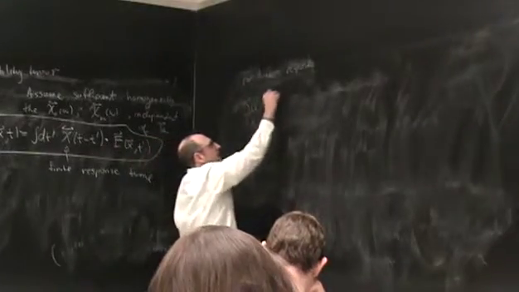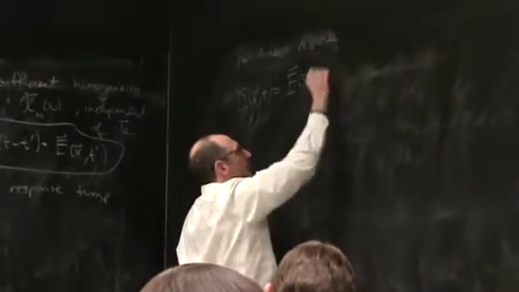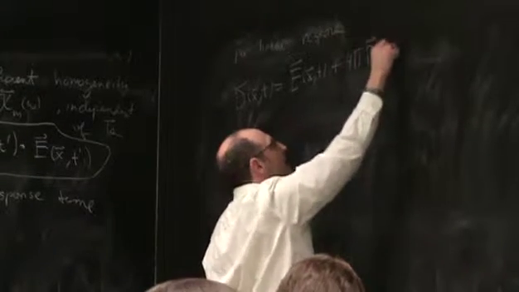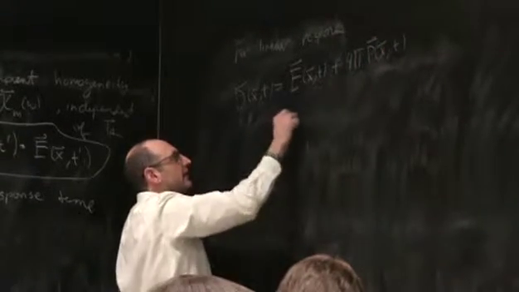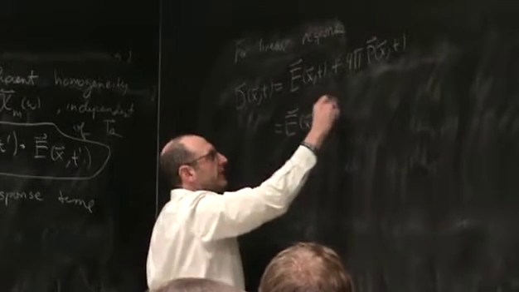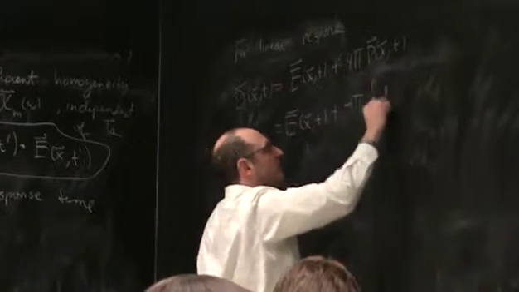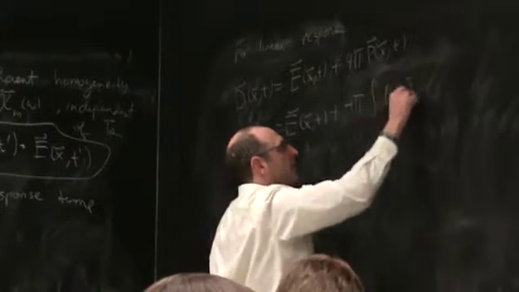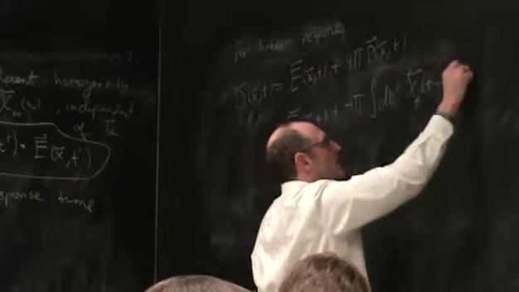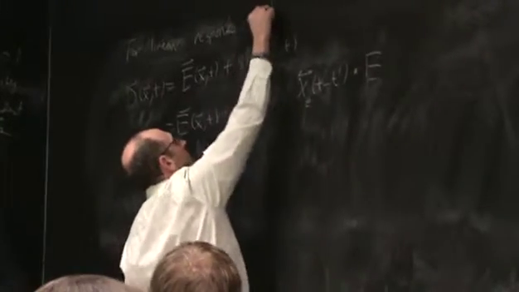We said that's E plus 4 pi P, which is E plus 4 pi integral over t prime chi dotted into E. I'm also looking at linear response, no k dependence.